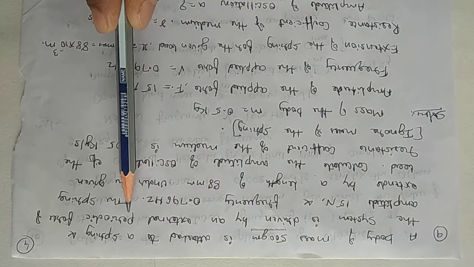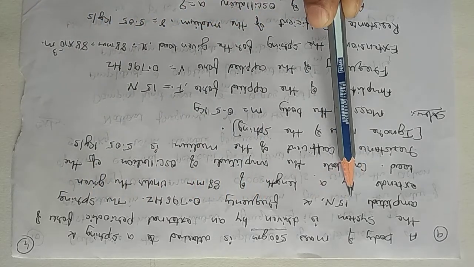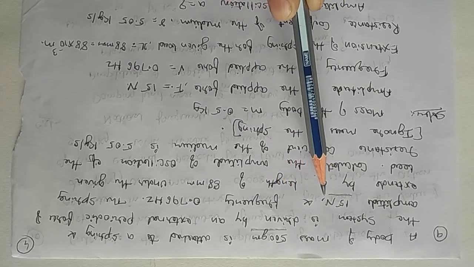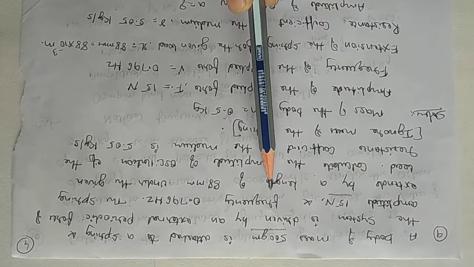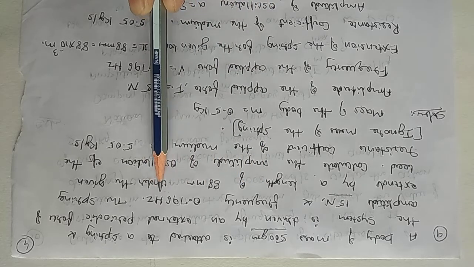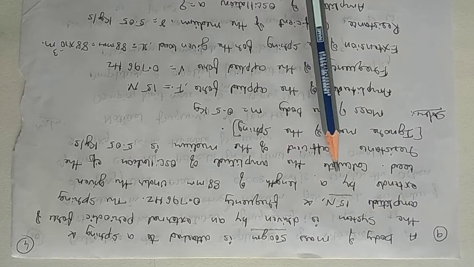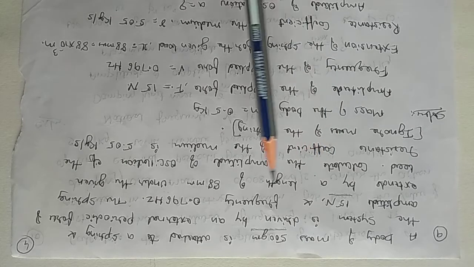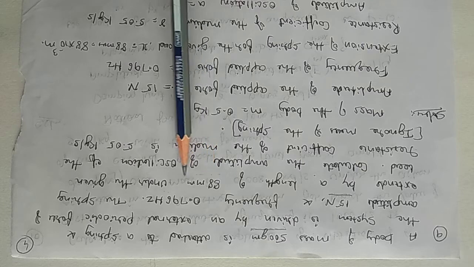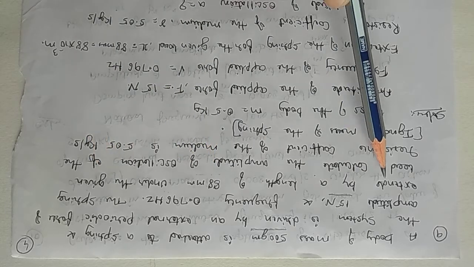by an external periodic force of amplitude 15 Newton. So F is given, and the mass is there, and its frequency is 0.796 Hertz. Nu is given. The spring extends by a length of 88 millimeter, means X is given under the given load.